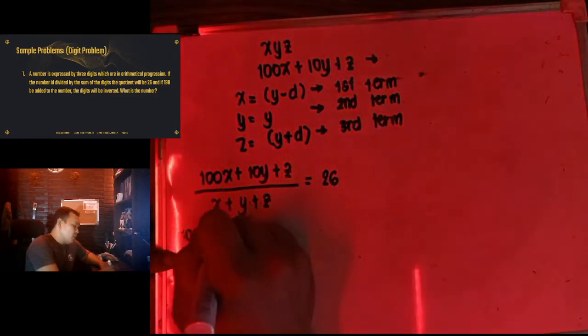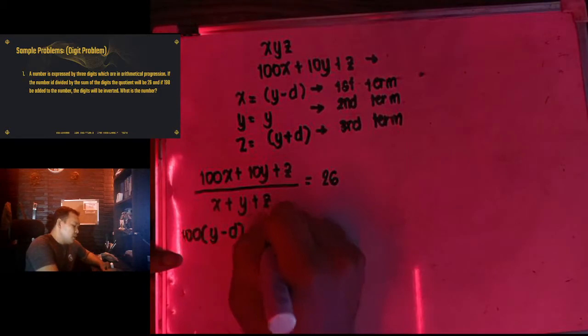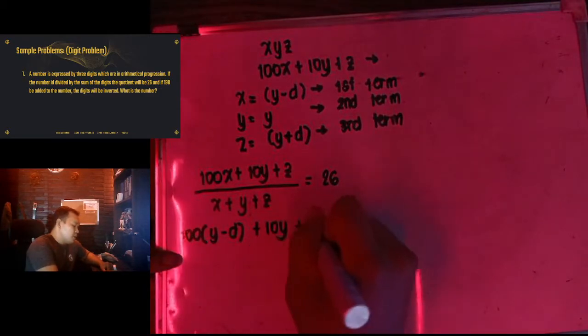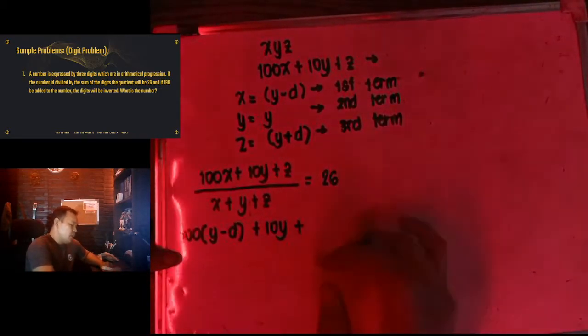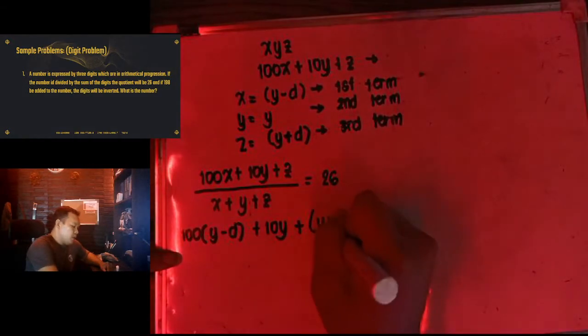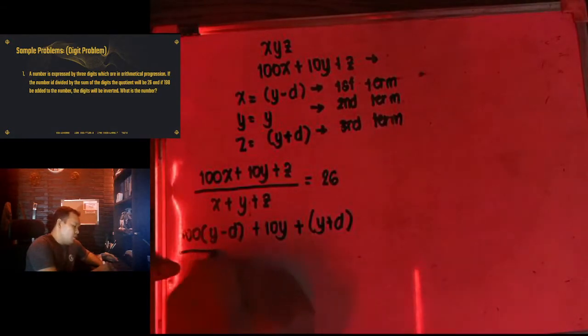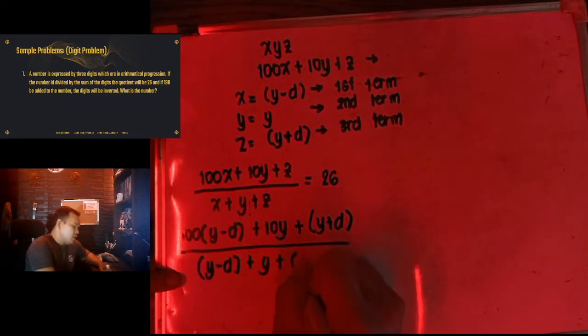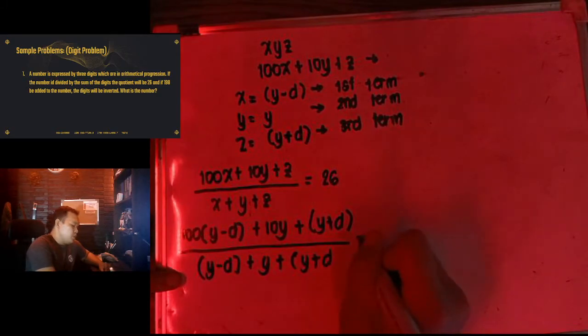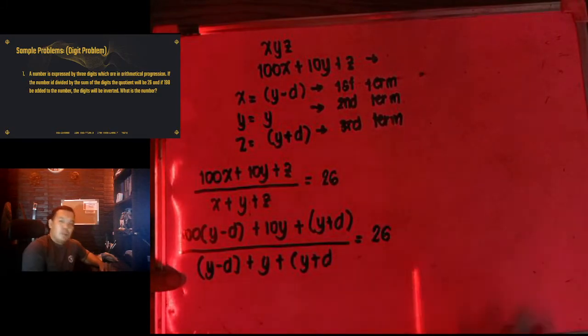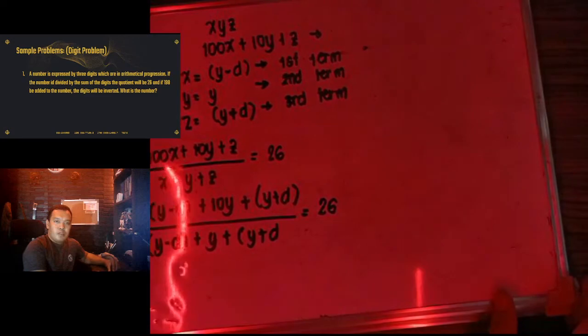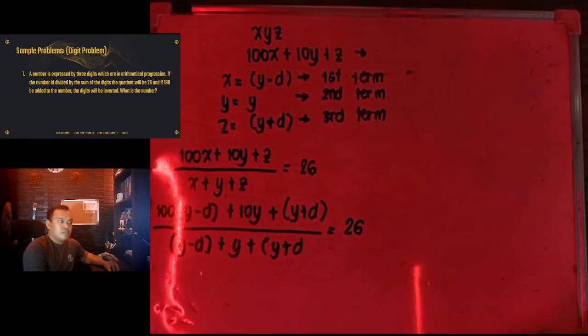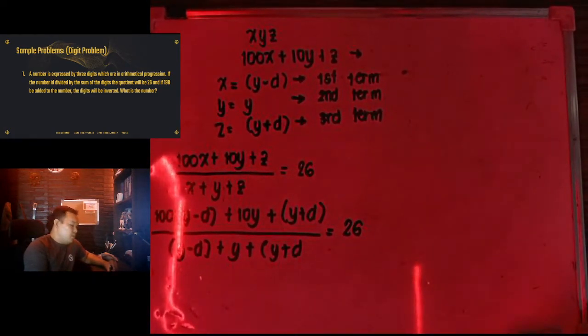So we have 100 times the value of x, which is y minus d, plus 10y plus z, which is y plus d, all over the value of x, y minus d, plus y plus y plus d, which is equivalent to 26.